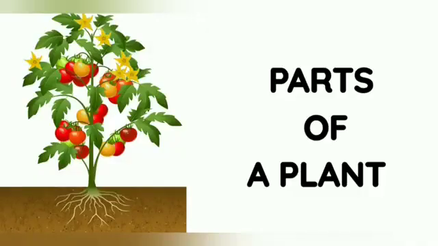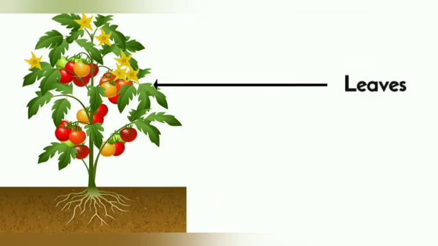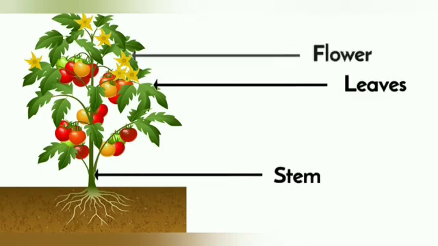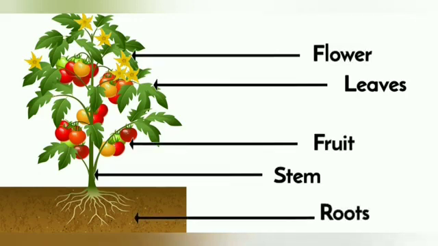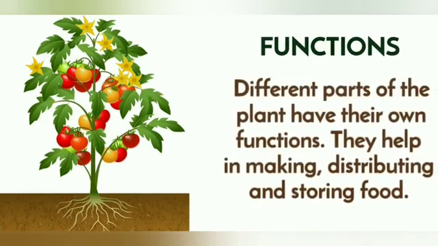Now we will learn about the parts of a plant. There are mainly 5 parts: leaves, stem, flower, fruit, and roots. Different parts of the plant have their own functions.